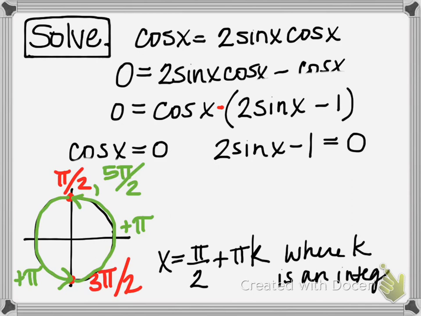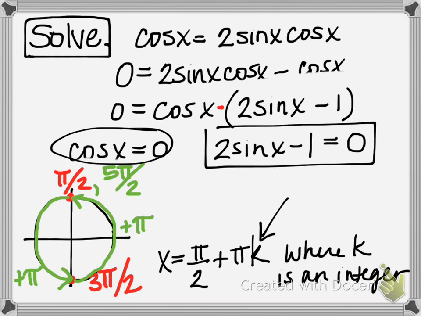I've also seen some authors, textbooks or teachers use pi times n here instead of k, and of course that's perfectly acceptable. So this is the first part of my solution set, pi halves plus pi k, and that will give us all of the angles that have a cosine value of 0. But now we still need to solve the second part of this equation, 2 sine of x minus 1 equals 0 as well.